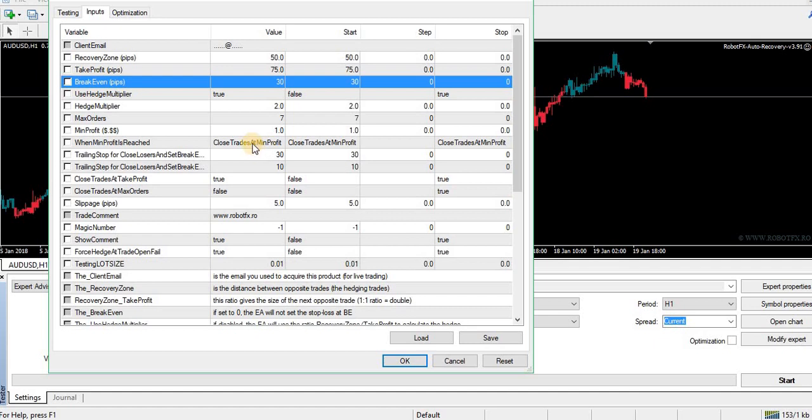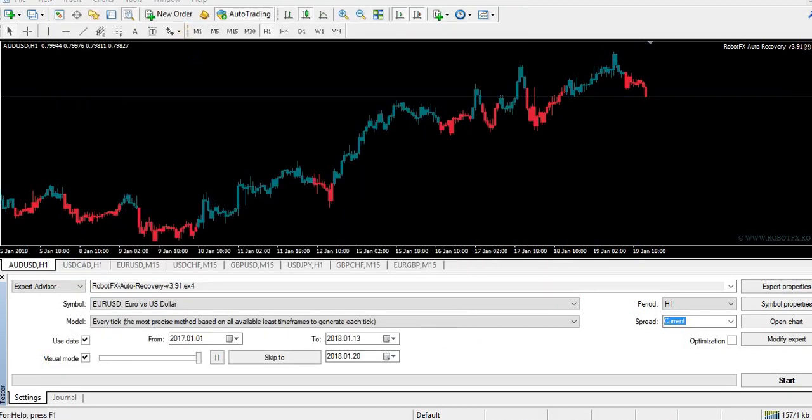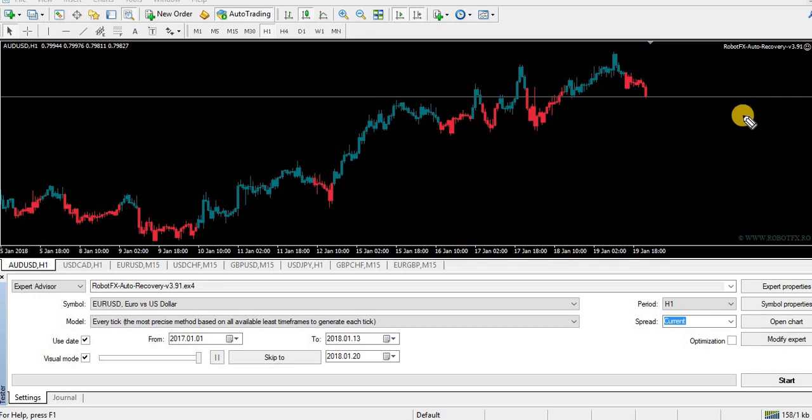Break even pips. Well, as soon as the price will move the break-even distance away from the opening price of the trade.